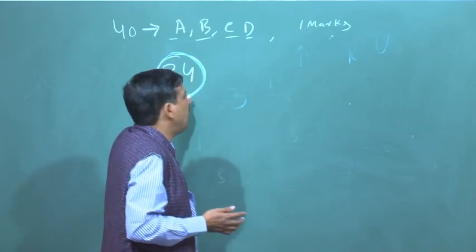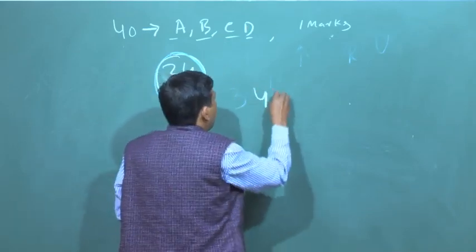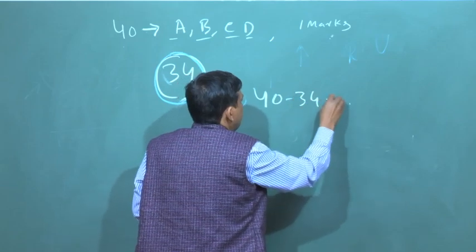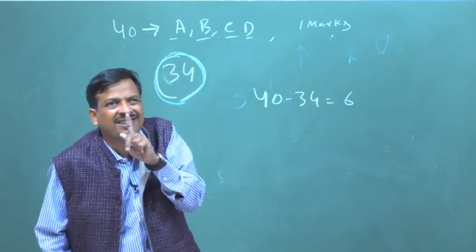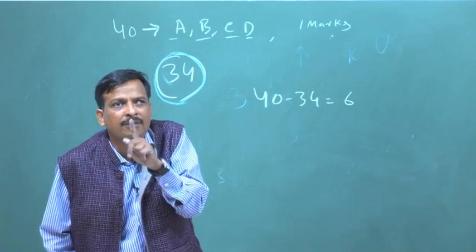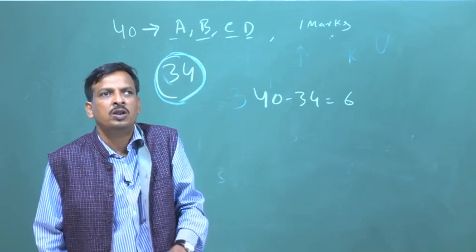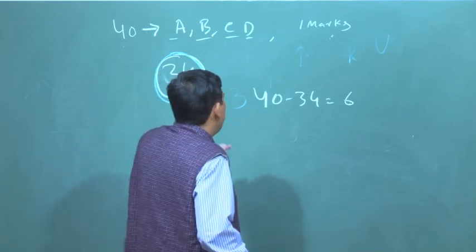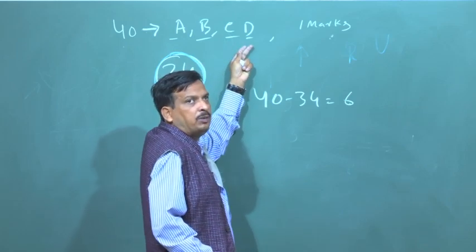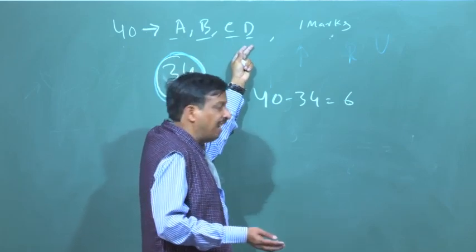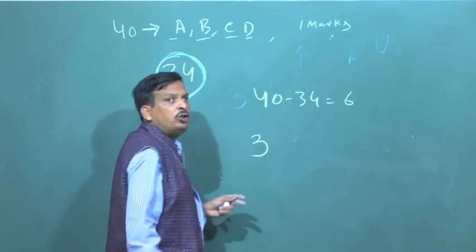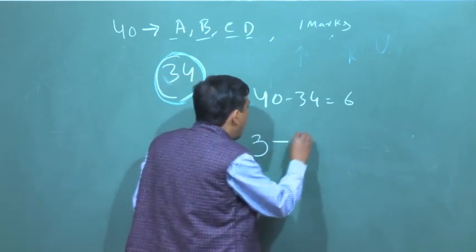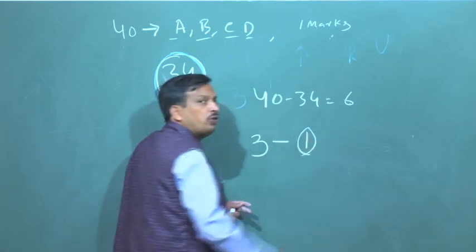So, how many are wrong answers? 40 minus 34, 6. 6 are wrong. So, on 6 test items I made mistakes. But assuming that correct answers are randomly distributed and the student has guessed, for every 3 wrong choices he gets 1 mark as a correct choice.